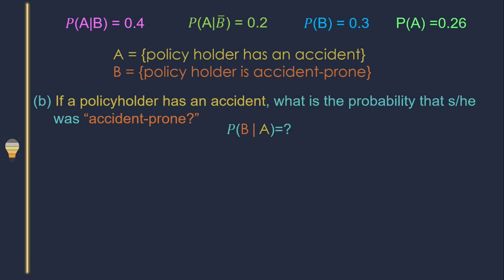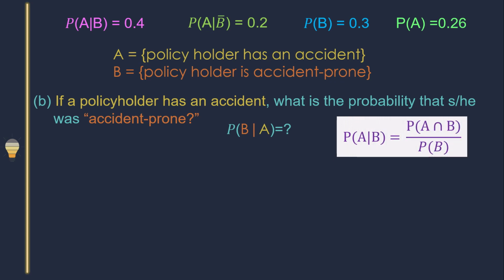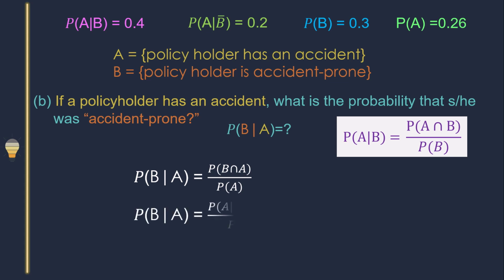So how do we do that? You know this: probability of B given A equals probability of B and A divided by probability of A. We don't know probability of B and A, but we know probability of A given B. Probability of B and A can be written as probability of A given B times probability of B. So now we know all the probabilities.